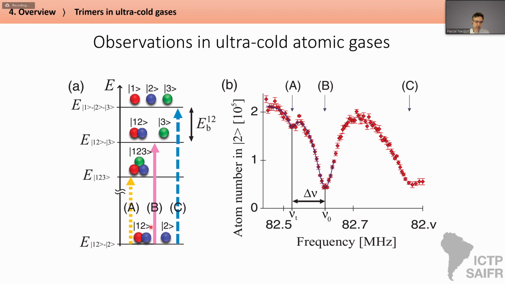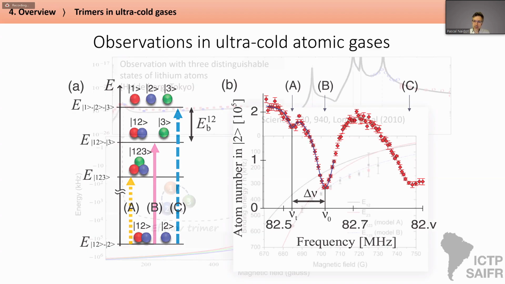So you have an excess of atoms 2 and a minority of atom 1, and then you use the magnetic field to bind these two particles by using some kind of adiabatic method.